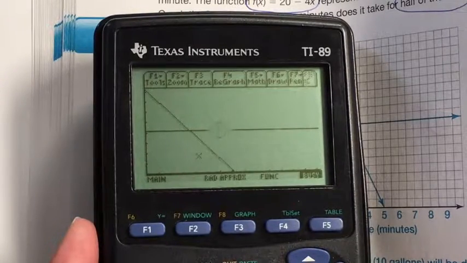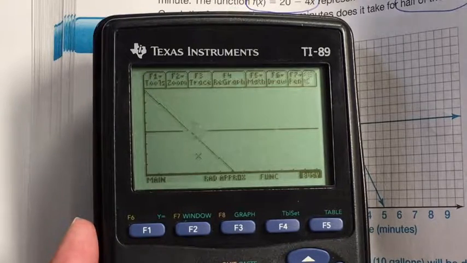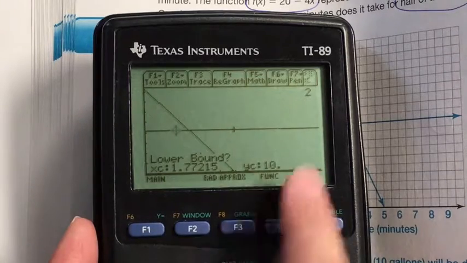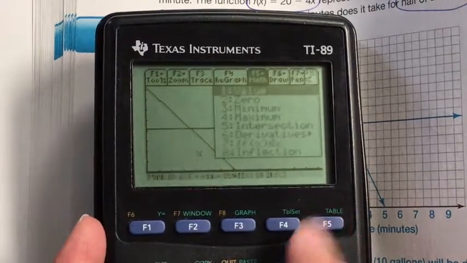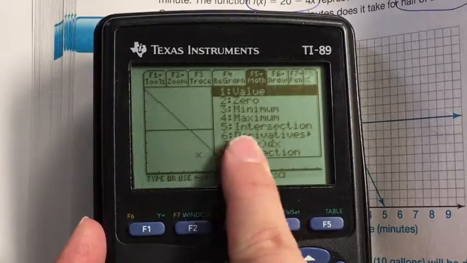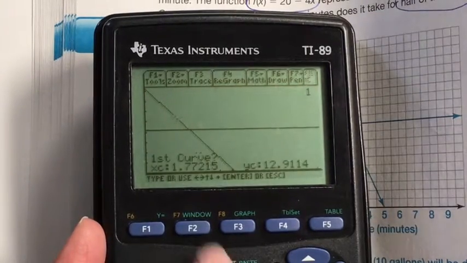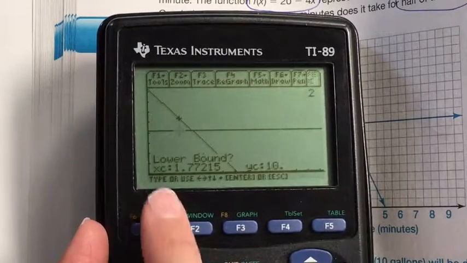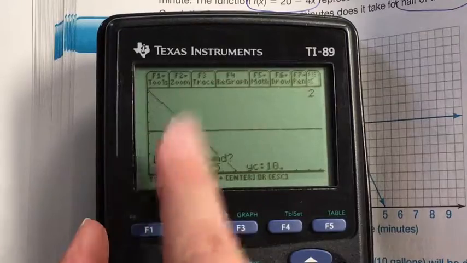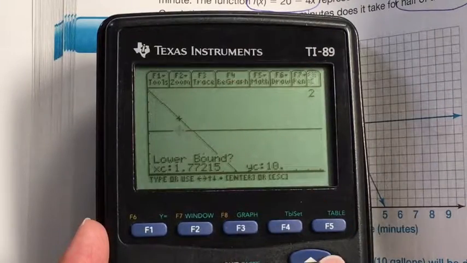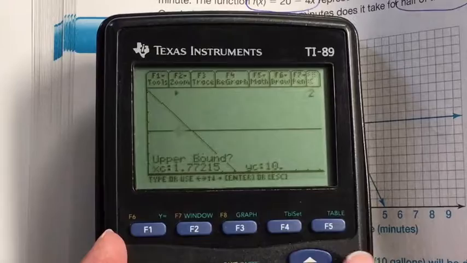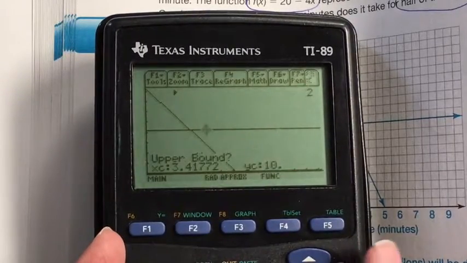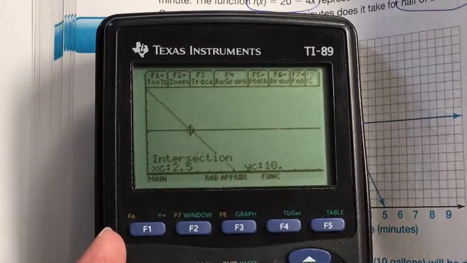So you're going to push F5 for math. And then intersection, which is 5. And then it'll ask questions. First curve, so you push enter. Second curve, push enter. Lower bound means you need to go somewhere to the left of where it intersects. And then push enter. And then upper bound means you go somewhere to the right of where it is. And push enter. And then it'll calculate it for you.